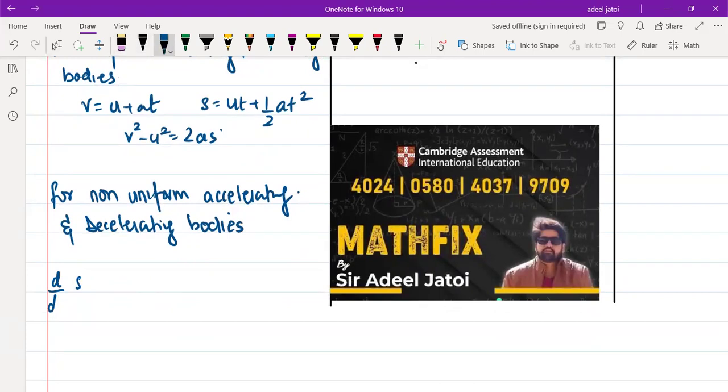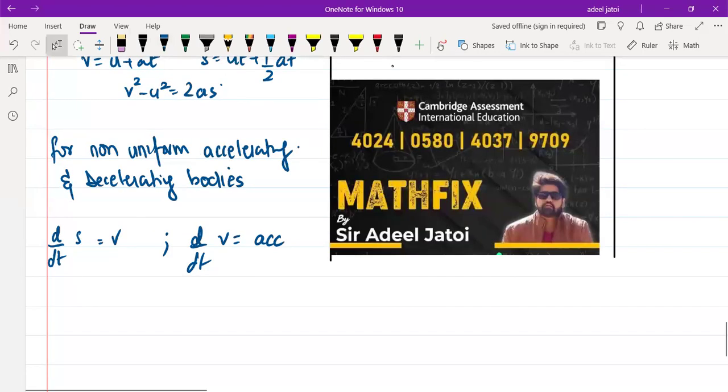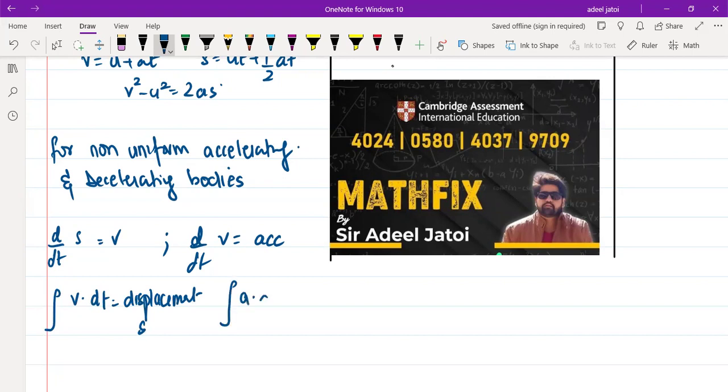Time. So d upon dt of displacement will give me velocity. d upon dt of velocity gives me acceleration. Integration of velocity gives me displacement, which is S, and integration of acceleration dt gives me velocity plus c.